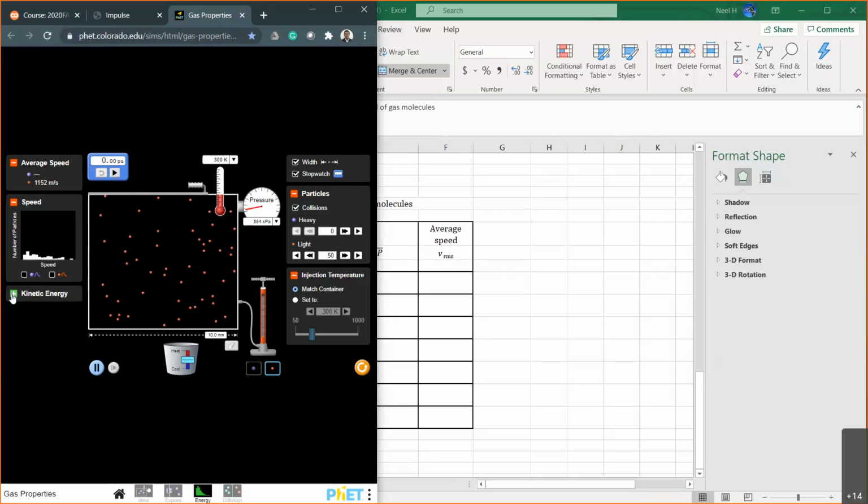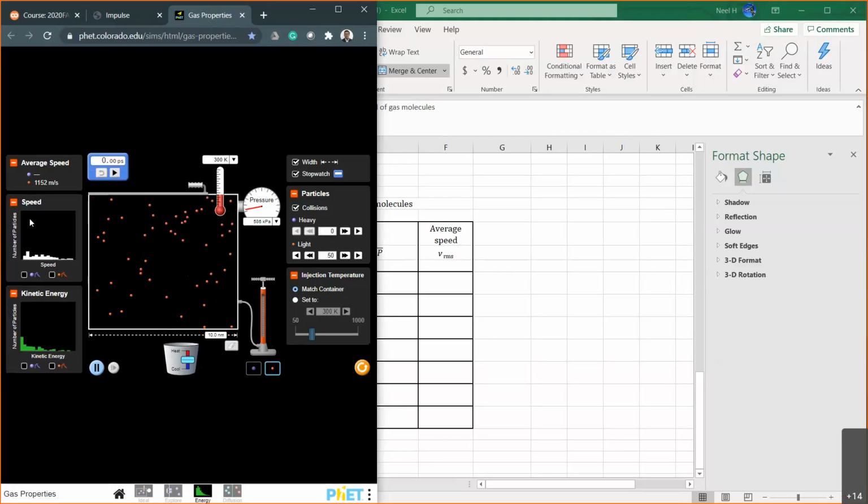And you can click this icon also. You can see on the left hand side, there are two icons showing how the speed is changing, how the kinetic energy is changing. Now that shows you the gas particle we are observing, this orange color. Now every gas particle doesn't have the same speed. The gas particles have very, very different speeds. And if you take a look at that graph, it looks like a little bit of a Gaussian curve, but it's not exactly a Gaussian curve either.